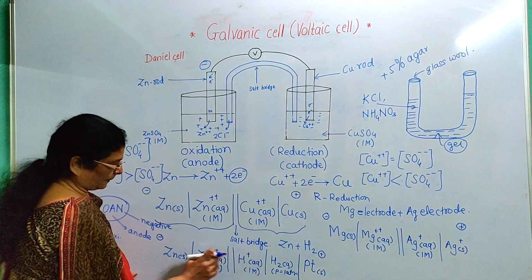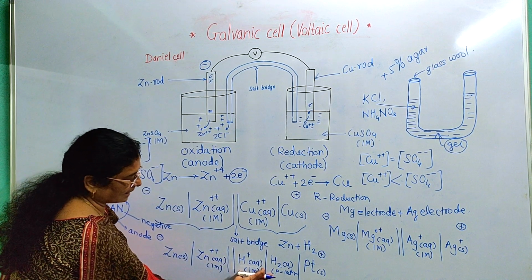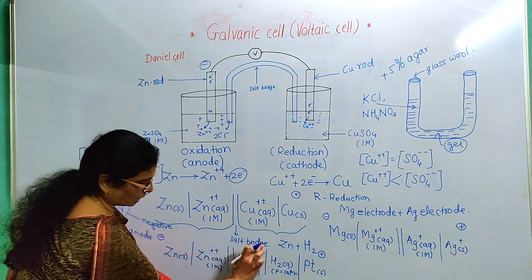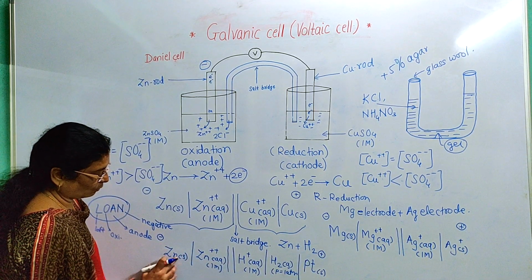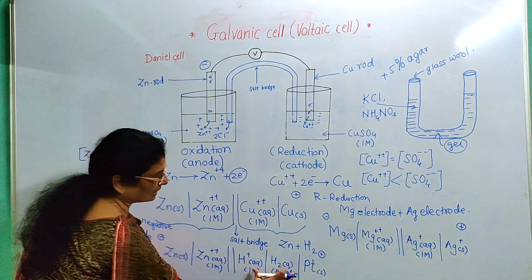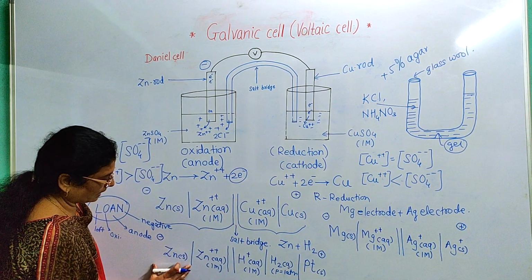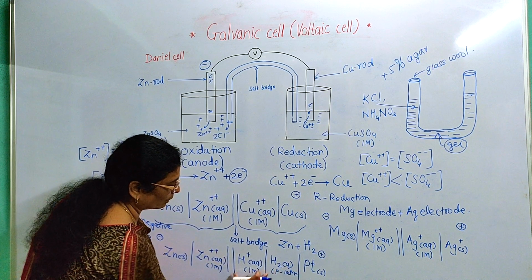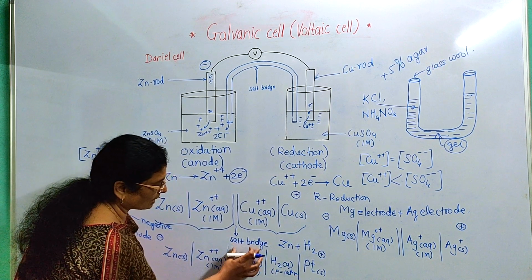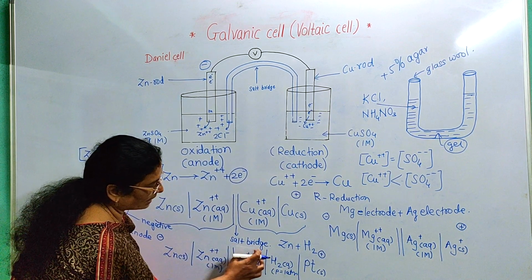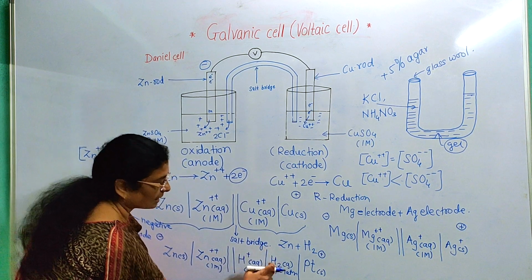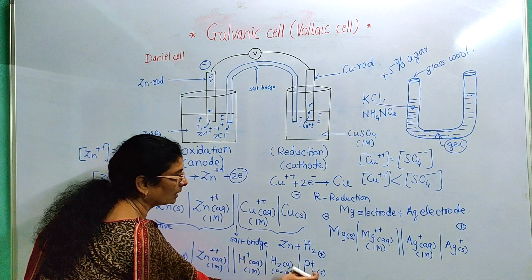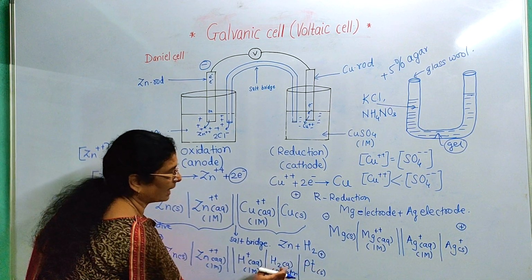This is the representation for this cell, where one metal electrode and one gas electrode are used. The metal electrode is represented like this, and for the gas electrode you use this method: first the ions, which are in direct contact with the molecules, and then these molecules are in direct contact with the inert metal on which the gas is adsorbed.